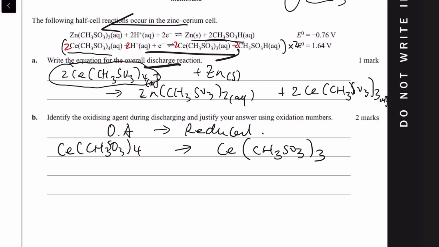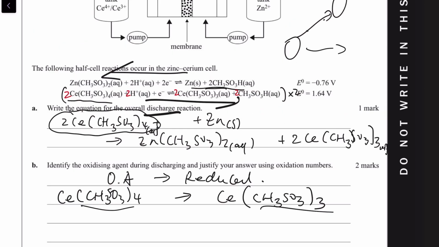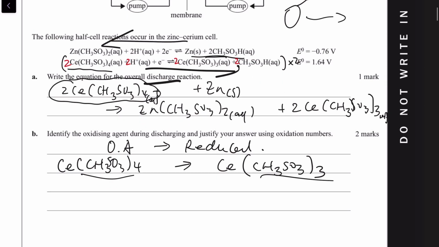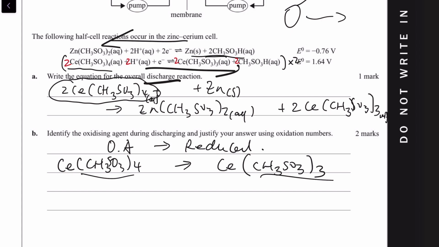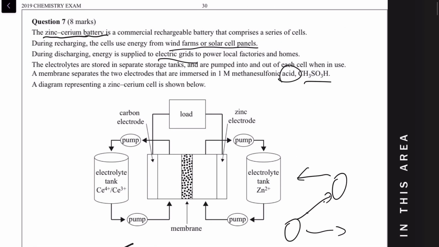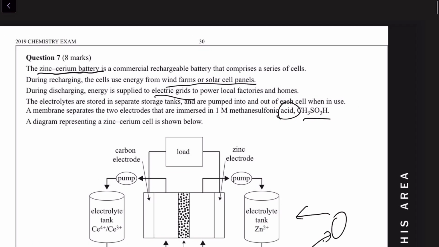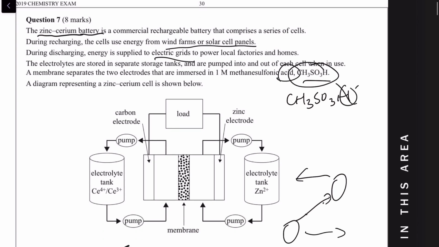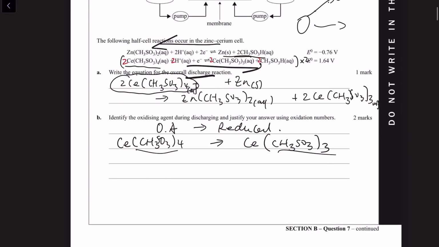So clearly the oxidation number is changing. We know that the charge of this acid anion should be -1. Since this whole molecule is neutral, if we take away one hydrogen, it should have a charge of -1. So that's how I know that the charge is -1.